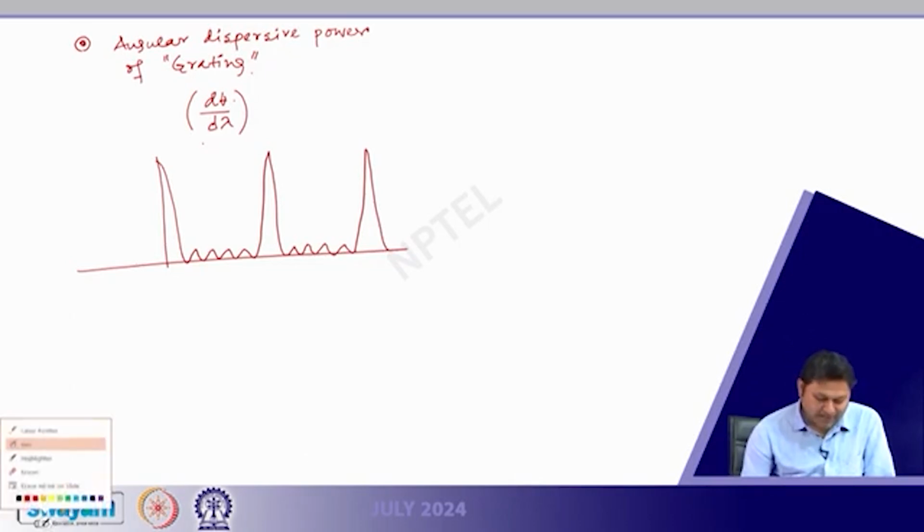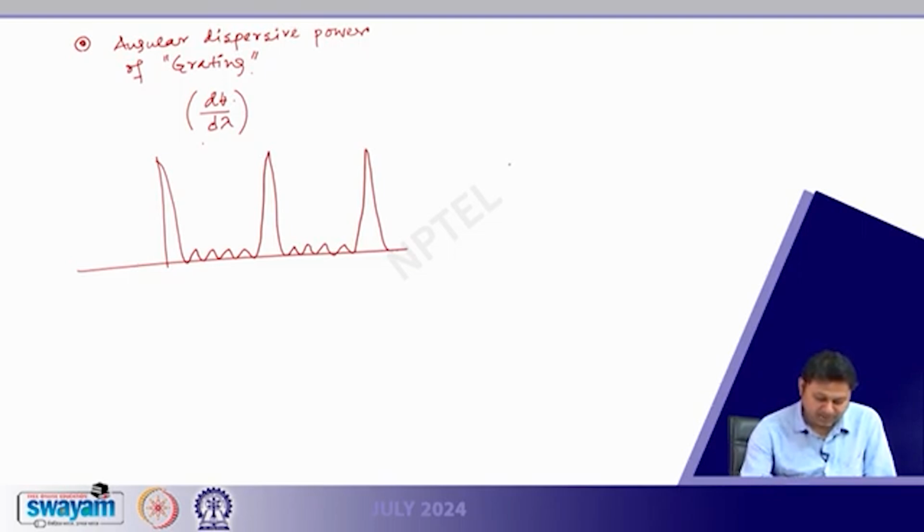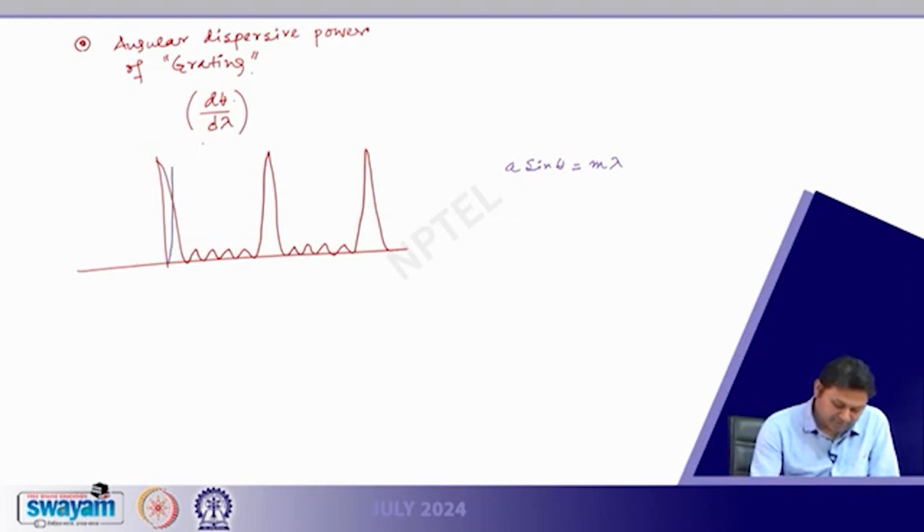Now, if I have another wavelength, and for that wavelength if I like to draw the same curve here, there will be a slight shift of the same theta, because the condition for maxima we know, and that condition is A sin theta is equal to m lambda. So, for different lambda for a given theta, the order will change. So, maybe for other wavelength we have a spectra something like this.